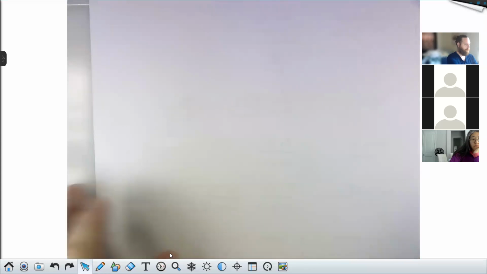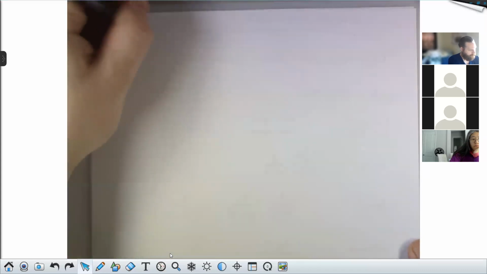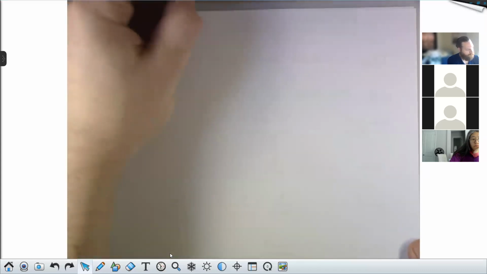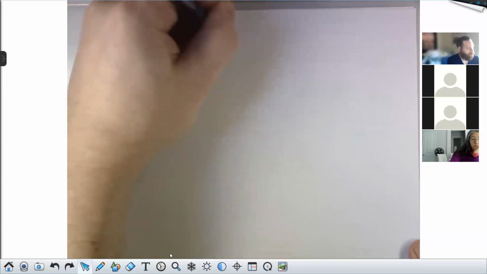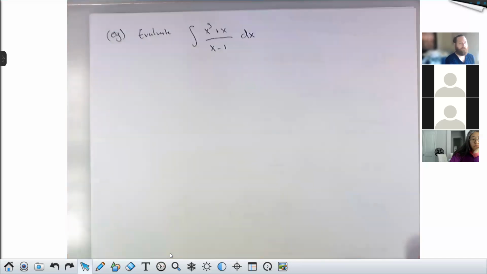Let's look at an example. I want to evaluate the integral of x cubed plus x over x minus 1 dx. Here I am integrating a rational function, right? This function inside here is rational because the top is a polynomial and the bottom is a polynomial.